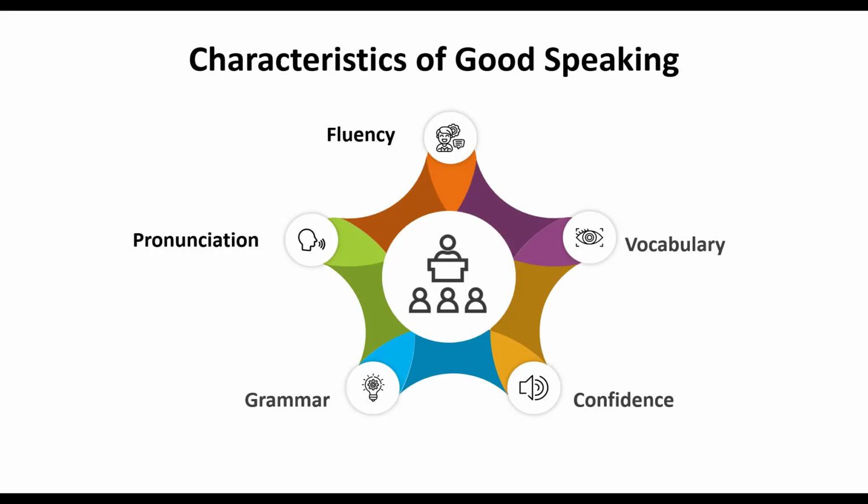So one thing that you have to ponder is that don't think too much about grammatical mistakes in your speaking practice. As long as your friends understand and respond accurately and relevantly, the speaking can go on. And then the vocabulary, confidence, of course.